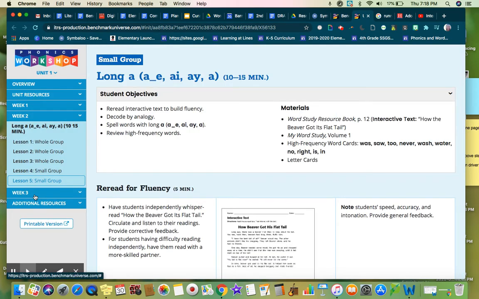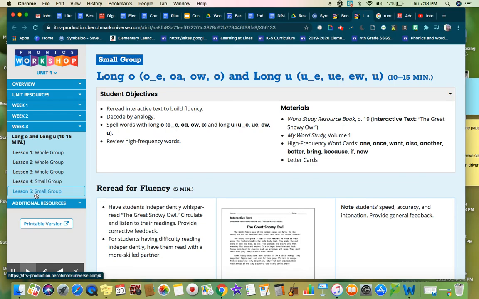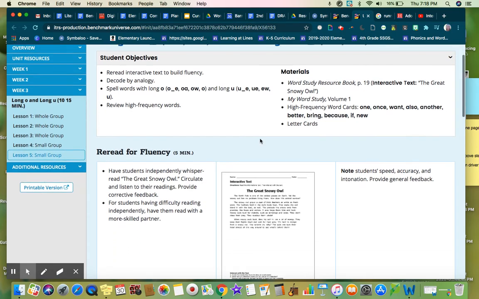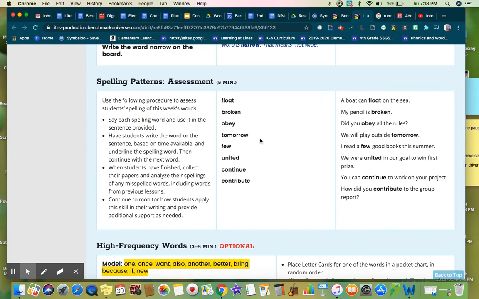Now I'm going to click on week 3, lesson 5, small group. What we noticed is that you'd have almost a double duty of providing assessments on unit 3, day 5, because you would have the end of the week assessment, but then you'd have the unit assessment.